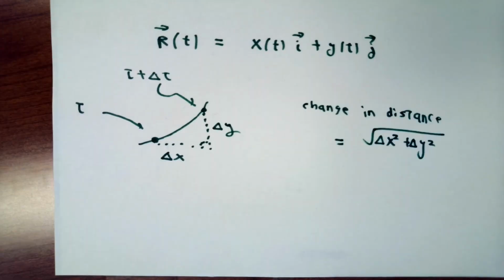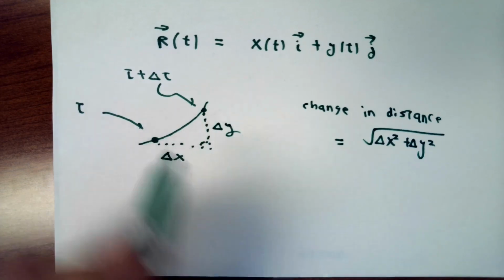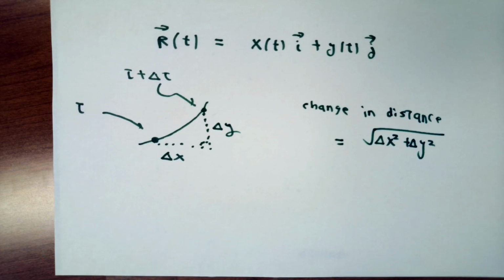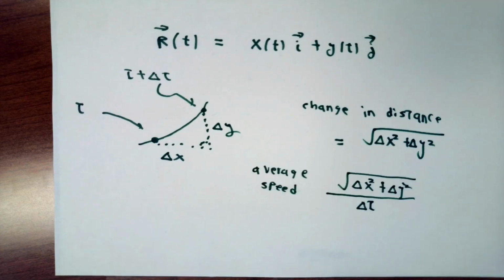For something like that, I can think about the distance traveled during this little interval of time values. I can think of it using the Pythagorean theorem. The average speed is the distance covered divided by how much time it took. On the bottom of that fraction, I could write delta t as the square root of delta t squared, and then combine the square roots into one expression.